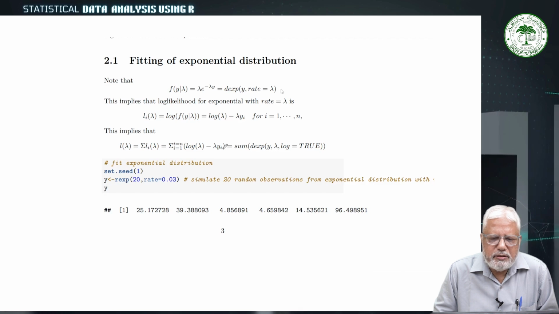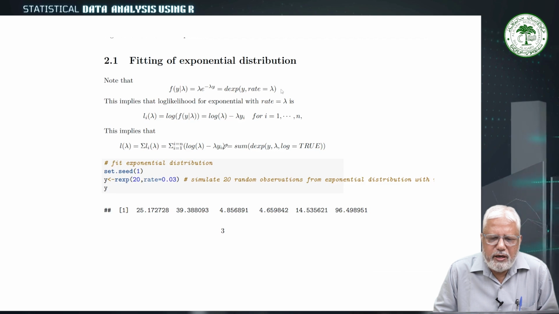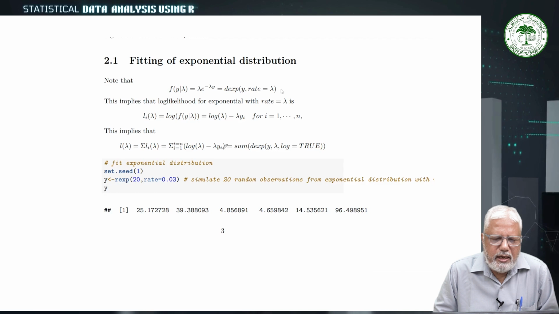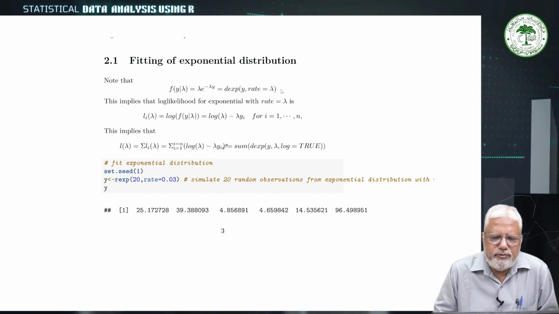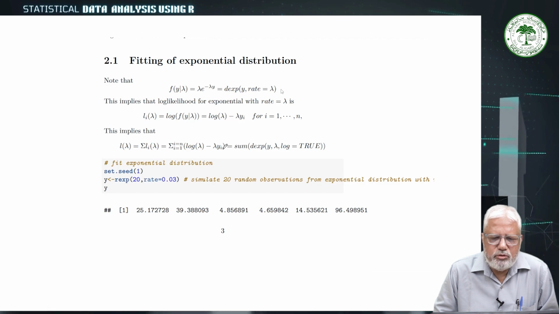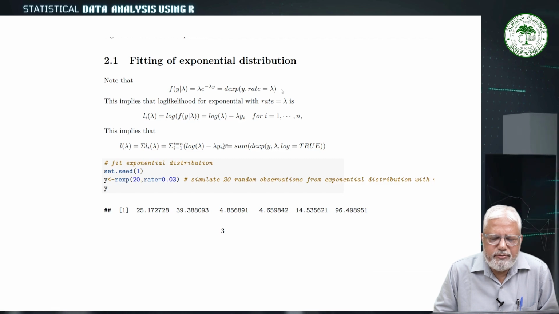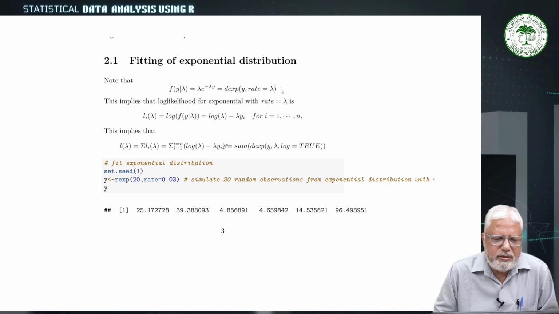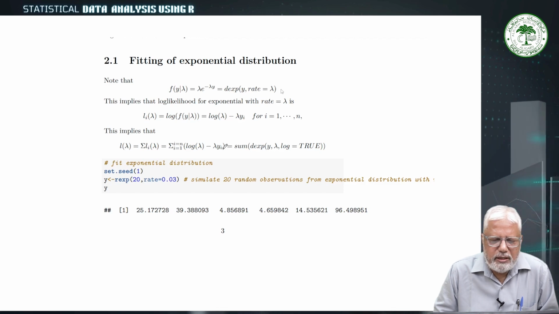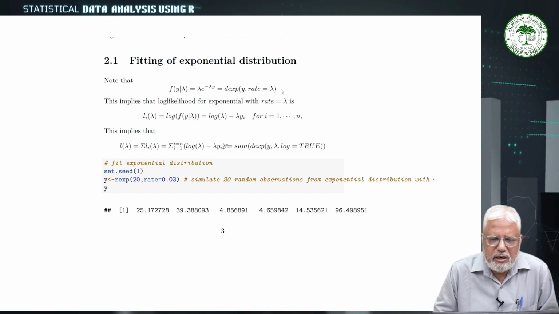This implies that the log likelihood for the exponential with rate lambda is Li, the log of this function, which is equal to log of lambda minus lambda yi, because log of e raised to the power minus lambda y is nothing but minus lambda y. And this implies L(lambda) is equal to the summation of Li, and that is nothing but sum(dexp(y, lambda, log = TRUE)).